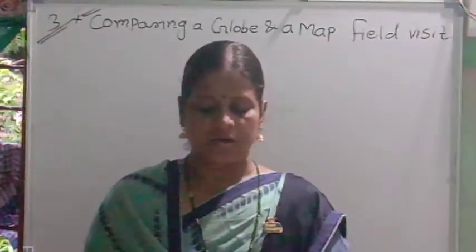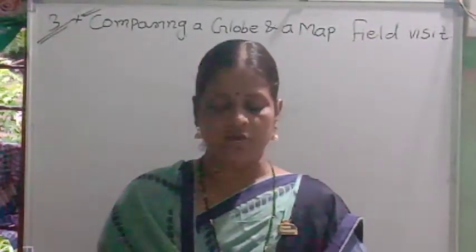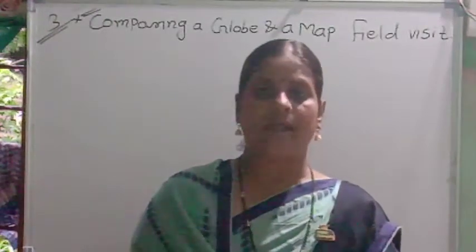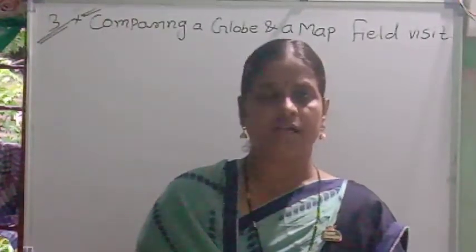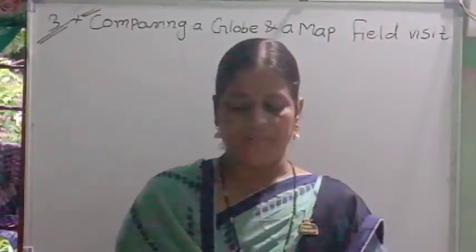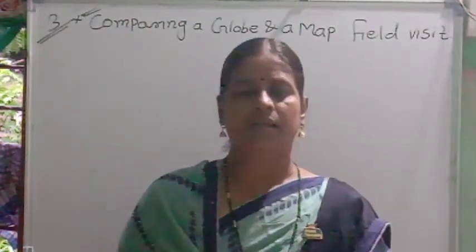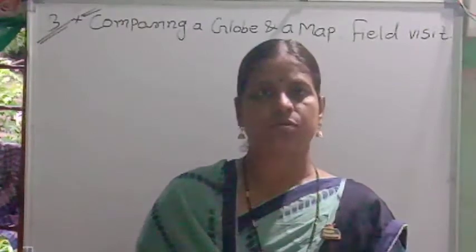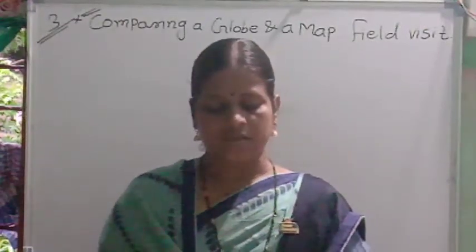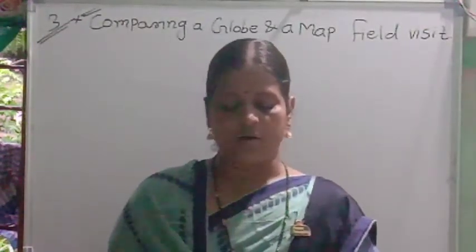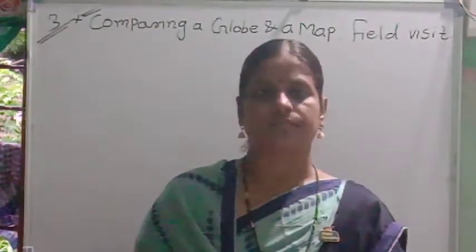Then the projection of the wire graticule is obtained on paper. This projection is used to draw maps. Thus, a graticule is essential for drawing the map of the earth.